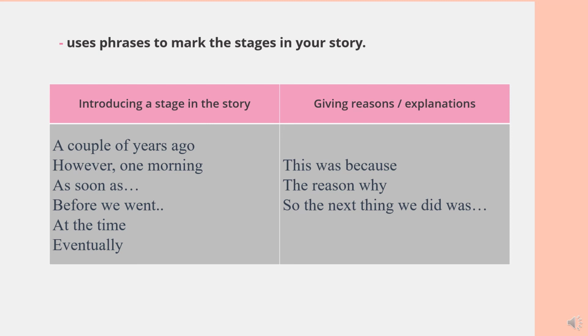Or if you want to express two things that happen at the same time, you can use the words at the same time. Or if you want to mention the ending of a story, you can use the word eventually or finally, right? So these are the phrases that help to mark the logical order of a story or a sentence.